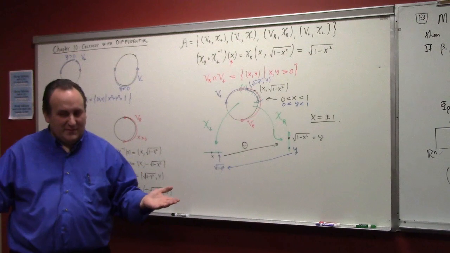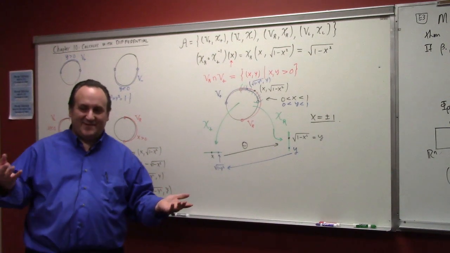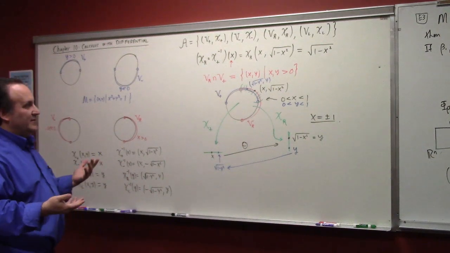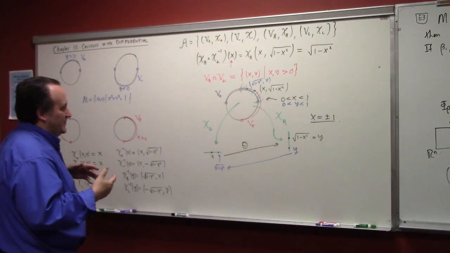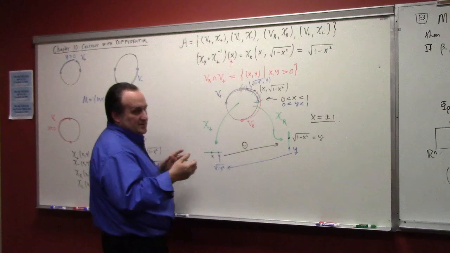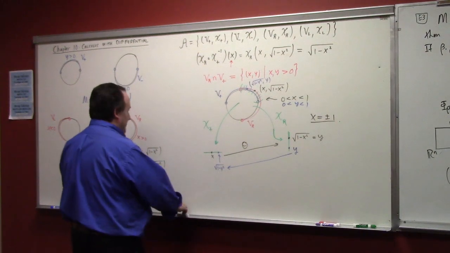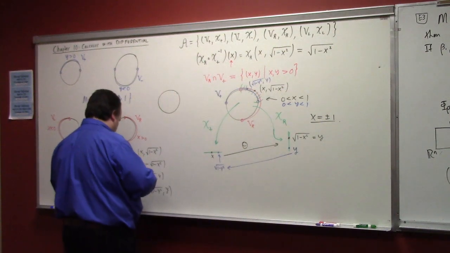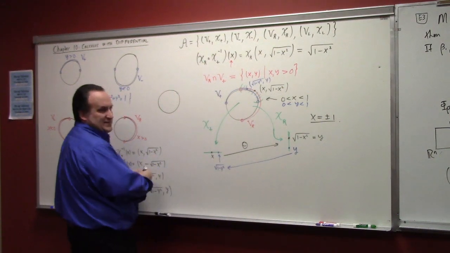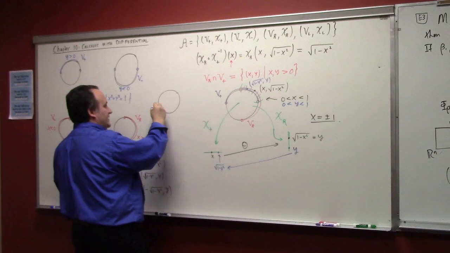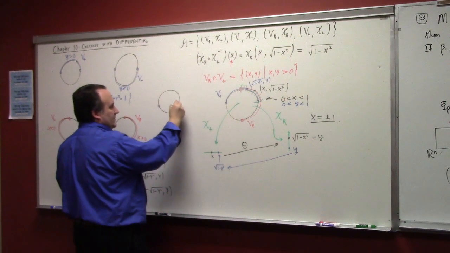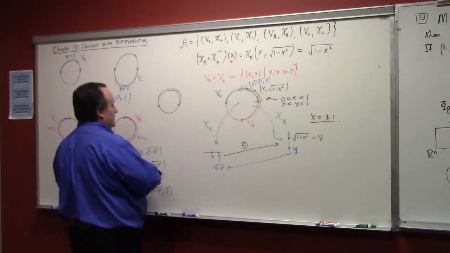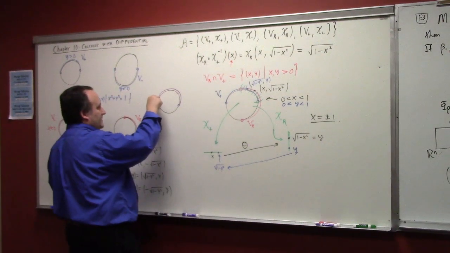Now it's a little bit wasteful, right? I had to use 4 charts to get it, but there it is. Now there is a way to cover the circle with like 2 charts. I don't know if it's in my notes or not, but sometimes people do this. I don't think the formulas are quite as neat. You can just go a little bit below, like that, and then go a little bit above, like this.